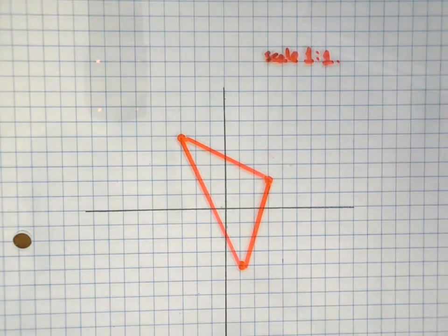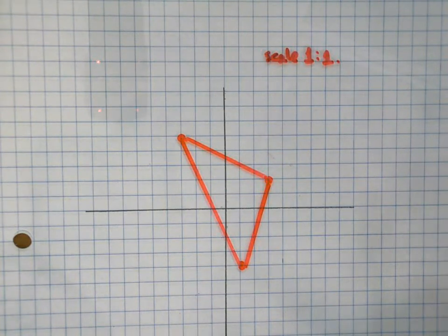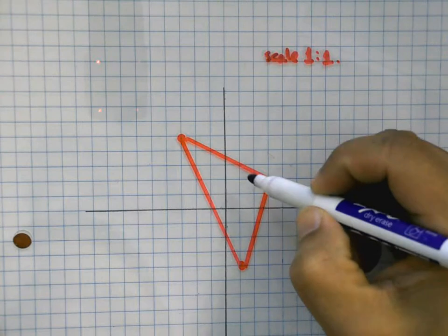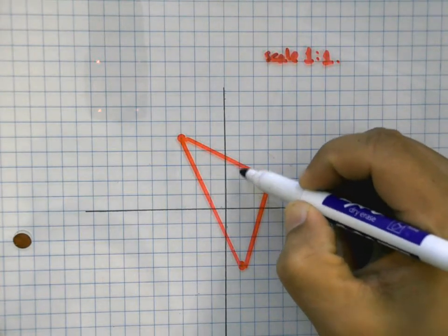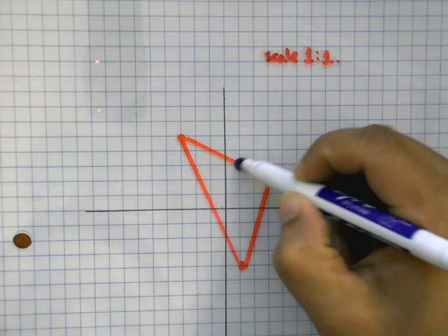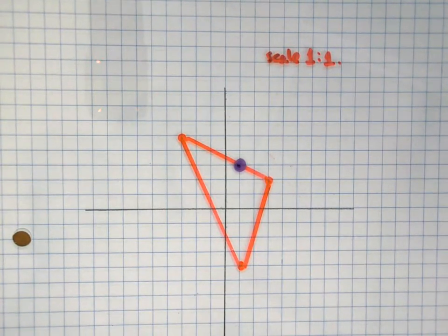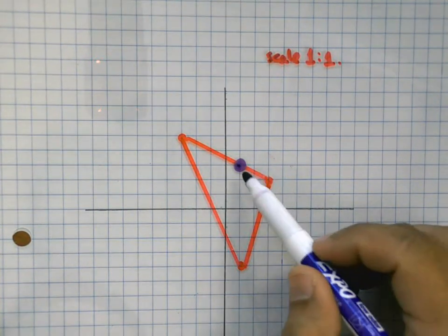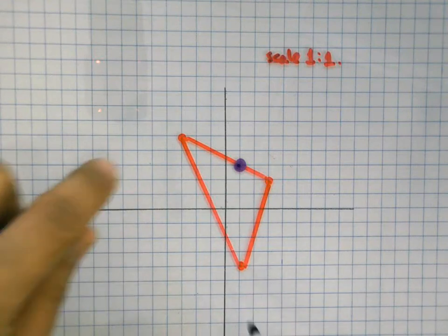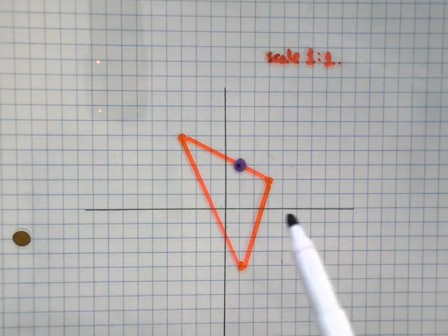Remember to always include your scale, otherwise your graph is meaningless. Okay, but now the point of rotation is centered at (1, 3). So 1, 2, 3. So we're going to take this picture and spin it 90 degrees around this particular point.